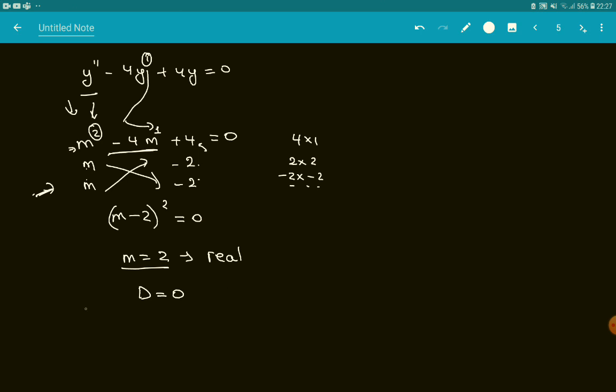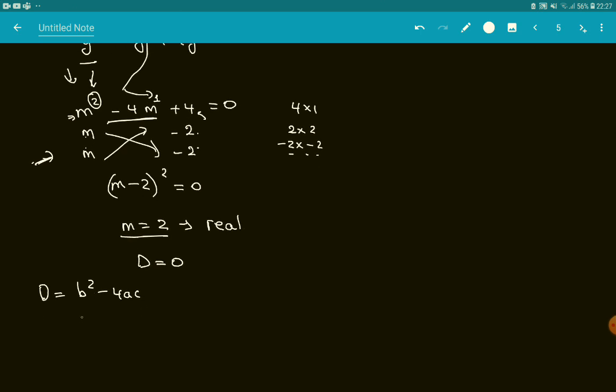If you want, we can check it. Discriminant is b squared minus 4ac. B is negative 4 here, so negative 4 squared is 16, minus 4 multiplied by a, which is 1, and c, which is 4. As you can see, the discriminant makes 0. It means that it has one real root.